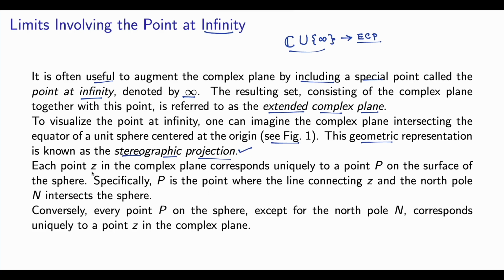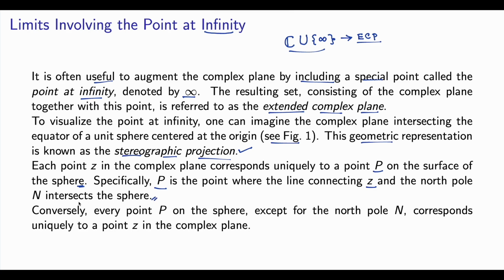So each point Z in the complex plane corresponds uniquely to a point P on the surface of the sphere, right? Specifically, P is the point where the line connecting Z and the North Pole N intersects the sphere.